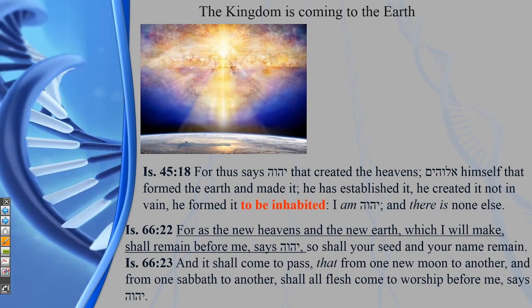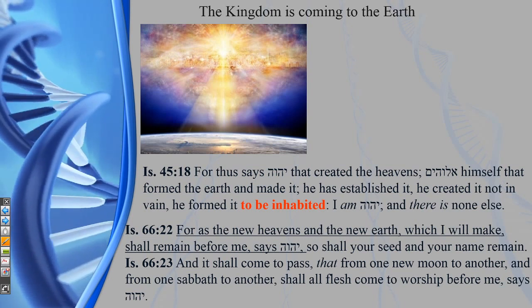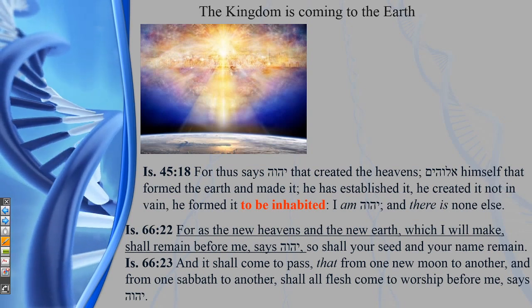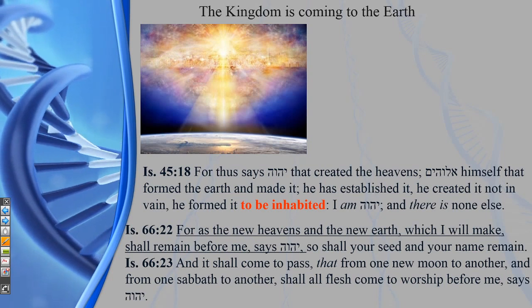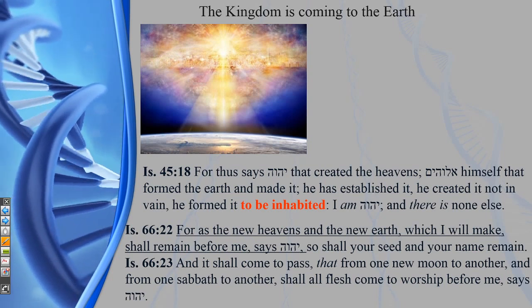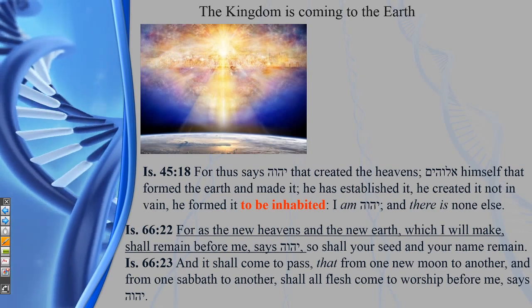And it shall come to pass that from one new month, technically, to another, from one Shabbat to another, shall all flesh come to worship before me, saith Yahuah." In this new heaven and new earth, this earth was made for a purpose? Okay.